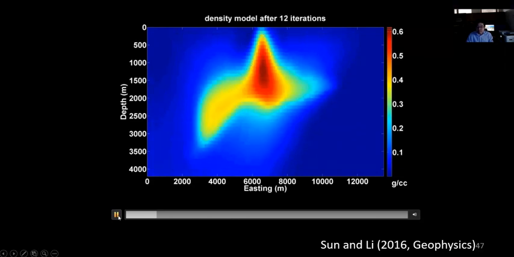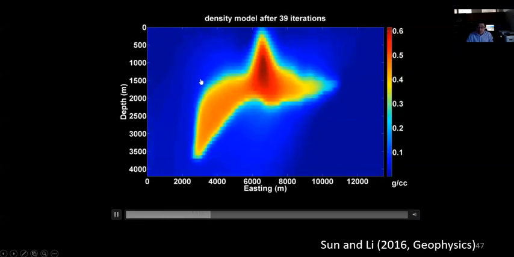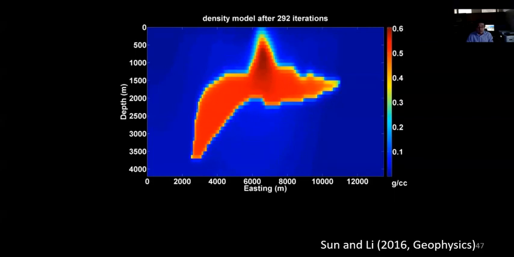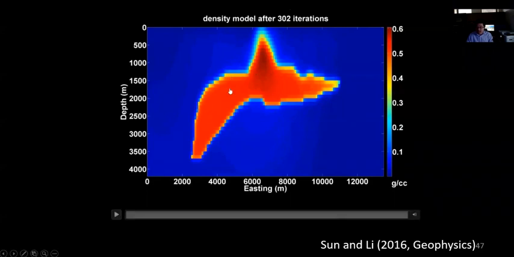But as the iteration goes on, you see more and more detailed structures being added to this model. Now what the inversion is doing is trying to make the recovered density values in both the background and salt body more consistent with the true values. And at the end of inversion, we recover this salt body with all these details, and the dipping flank is almost perfectly recovered.